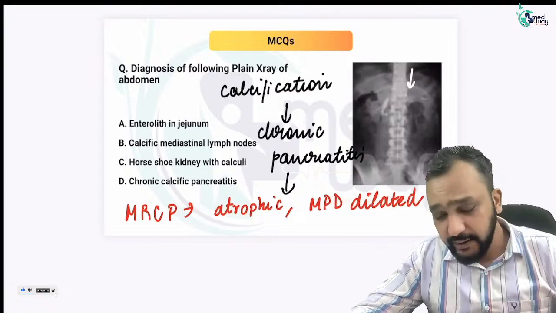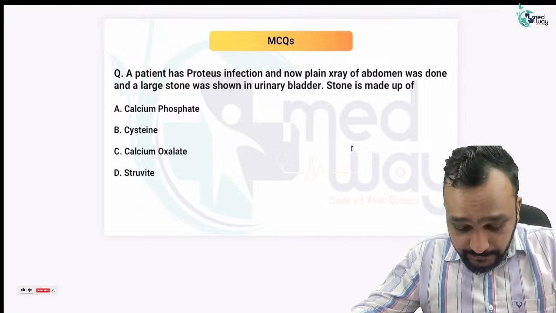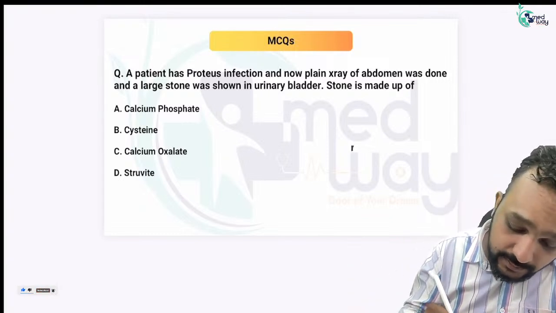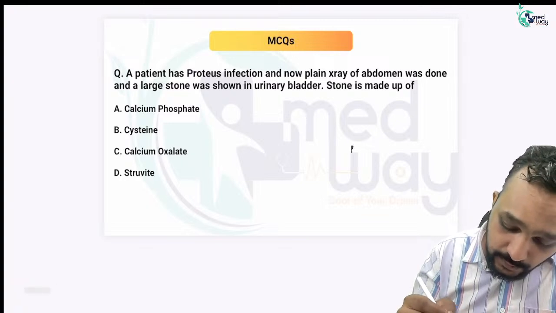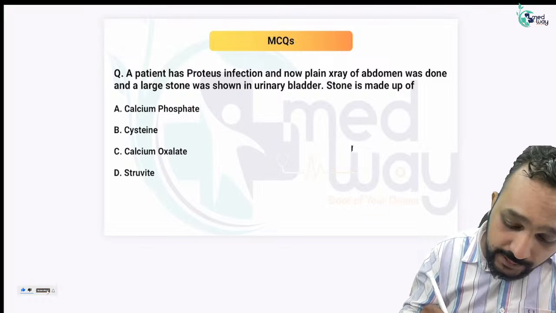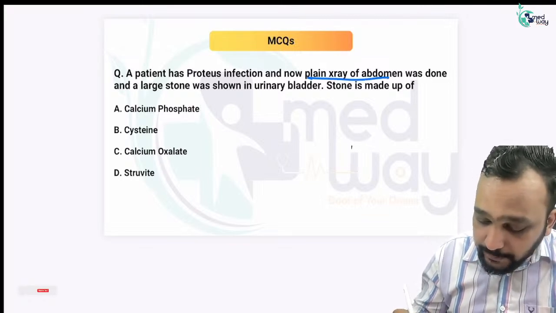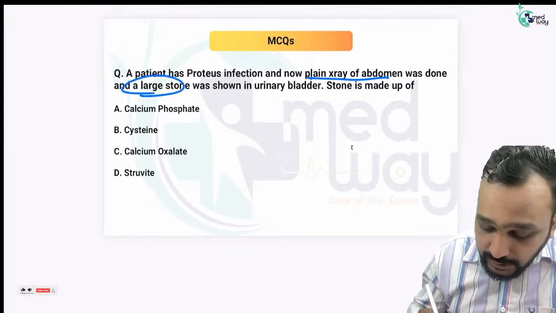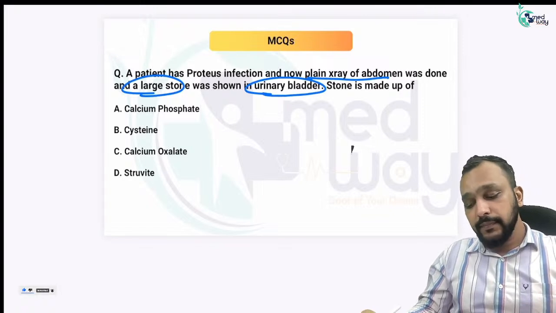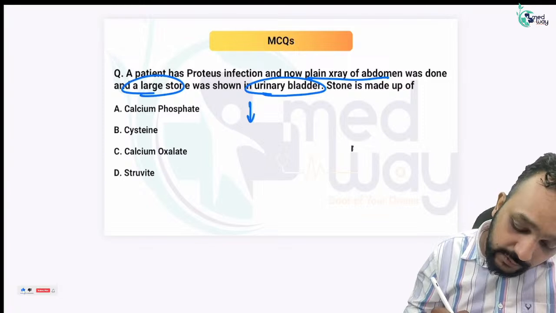If I were the examiner, I would ask this question. A patient has Proteus infection and complains of pain in the abdomen, and an x-ray was done. A large stone was seen in the urinary bladder. Which stone is associated with Proteus infection?